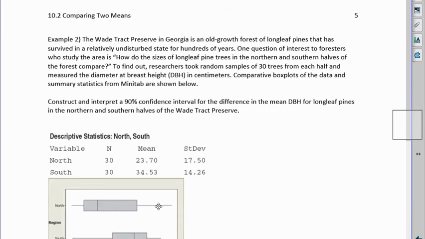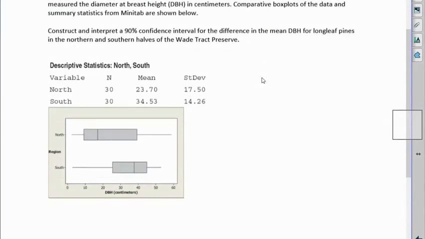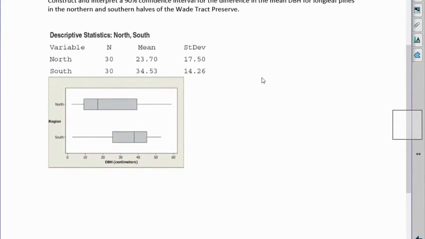We want to know, are the sizes of the longleaf pines different in the two different forests? They have summary statistics for each of the forests: our means and our standard deviations. They took a random sample of 30 trees. Here are some box plots so that we can take a look, and I see that there are no outliers, which is something good.